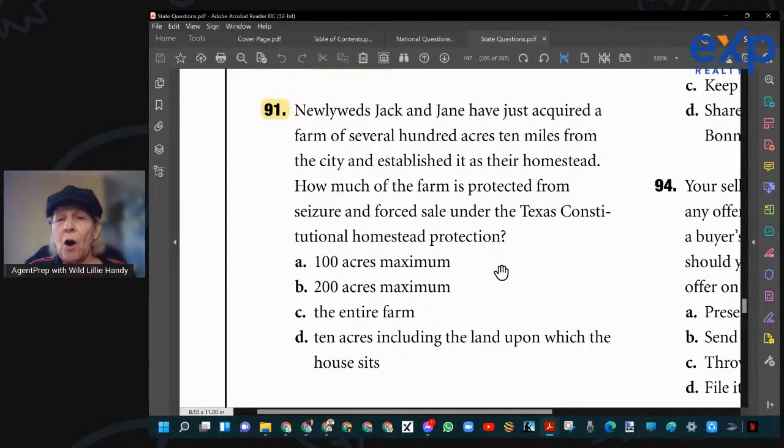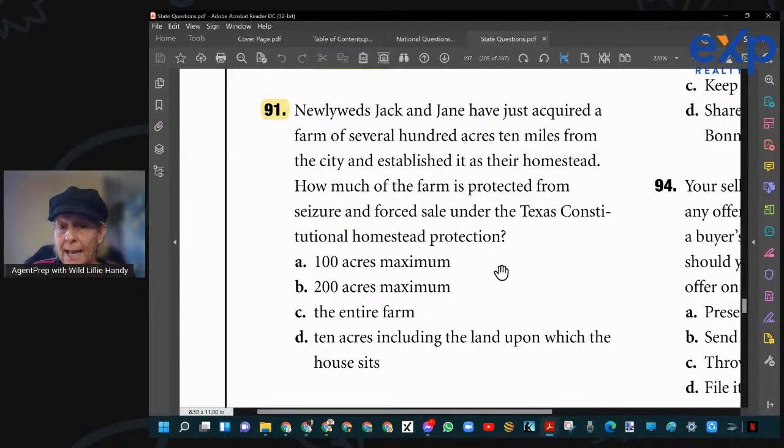When you have homestead, it is a law that protects homeowners that live and occupy on the property, whether it be single or married. And so creditors cannot take your property away, like credit cards or department stores or things like that.